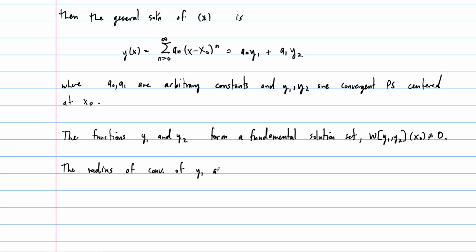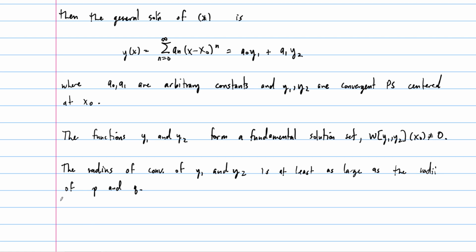of y1 and y2 each is at least as large as the radii of P and Q. So this is a consequence of our differential equation being linear, that we can actually determine the domain of the solution without solving it, because, well, at least we can determine a lower bound on the domain, a lower approximation of the domain.